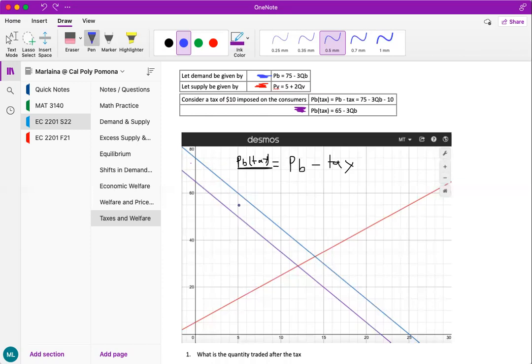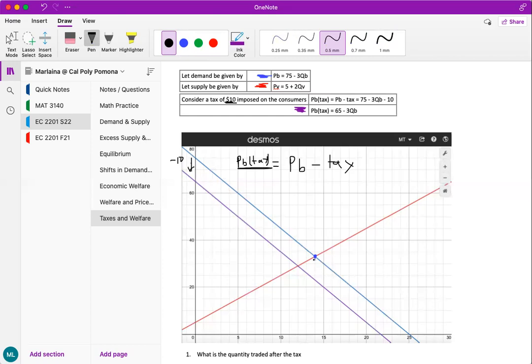Like if the price was down here, about $36, the full $36 at equilibrium would be going to the supplier. However, now with this tax, $10 is being taken away. Since in this example the tax is $10, the shift is going to be downward 10 units all the way along this curve.